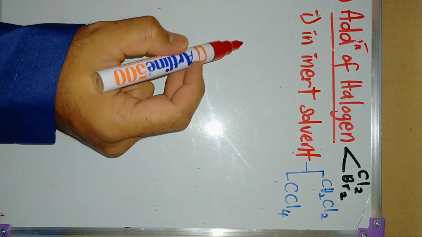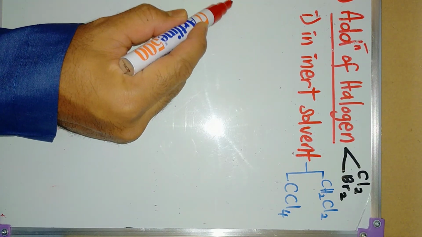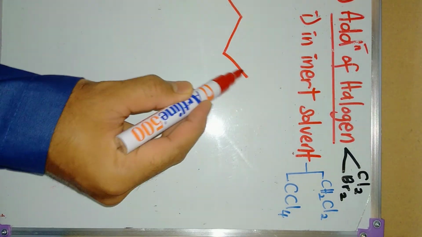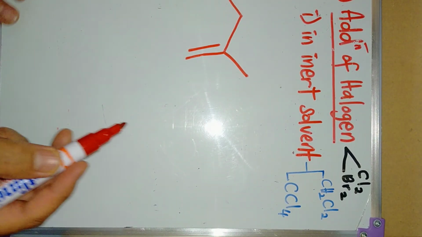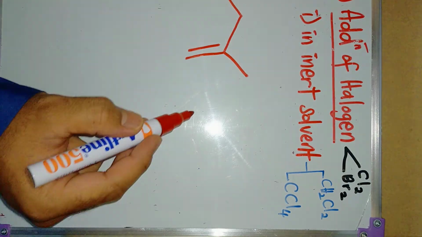Once again, you have this alkene, as in the example I give here. It reacts with Cl2 in the presence of the inert solvent.